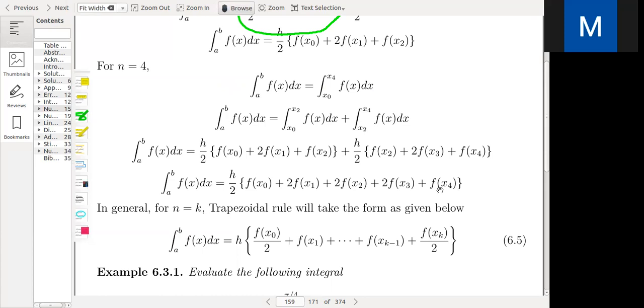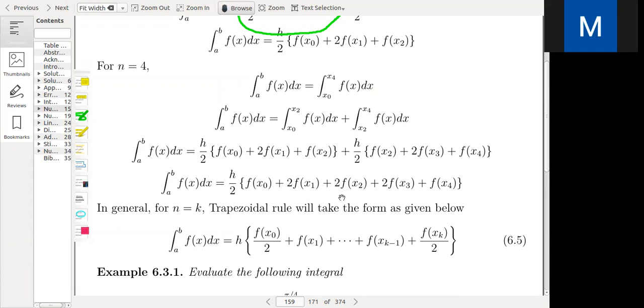plus f of x4. Here we note that with the first term the multiplier is only 1, and with the last term the multiplier is also 1, and the intermediate terms are multiplied by 2.